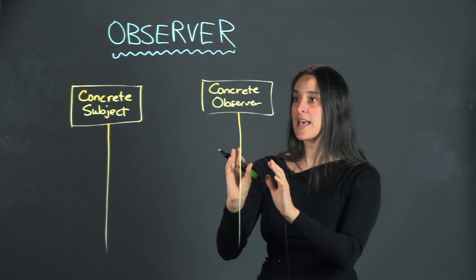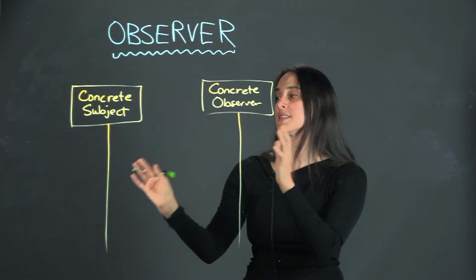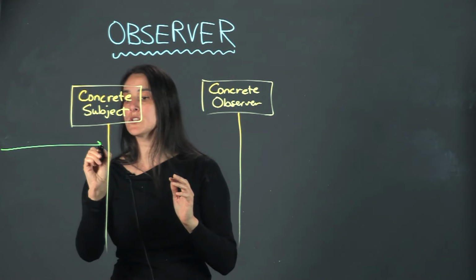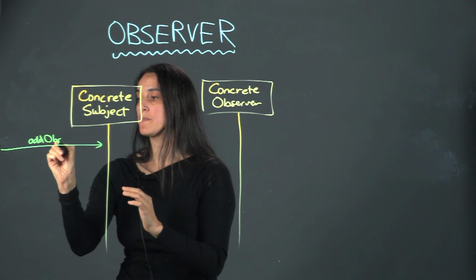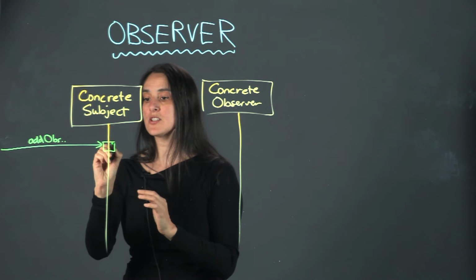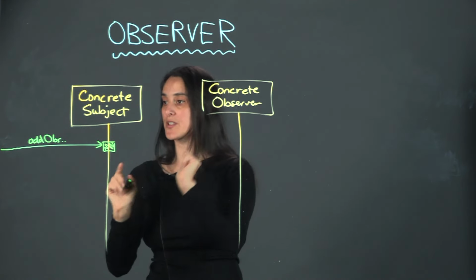So I'm not going to say that the call to subscribe is coming from the observer. I'm just going to say that it comes from somewhere. I'm just going to call this add, but what this really means is add observers. That comes in, plays out, and then it returns. Again, it doesn't have to come from here.